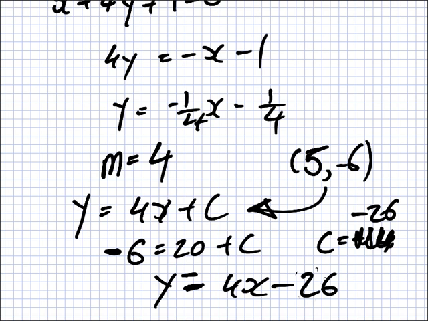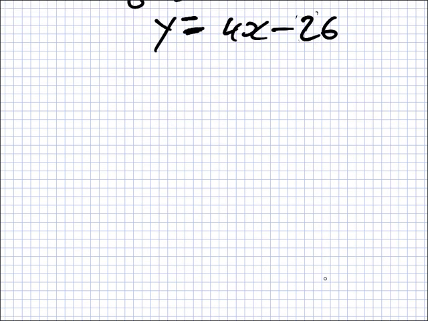Let's see. Now, this question, the last part, a lot of students make a mistake on the last part, so let me just write this down. Can I scroll down? Yeah. Right.